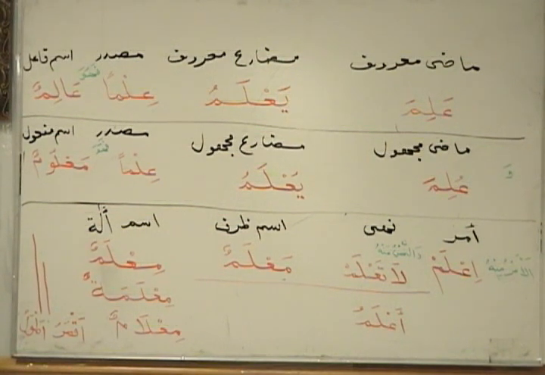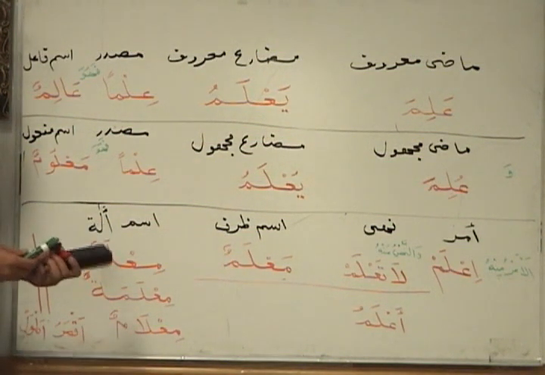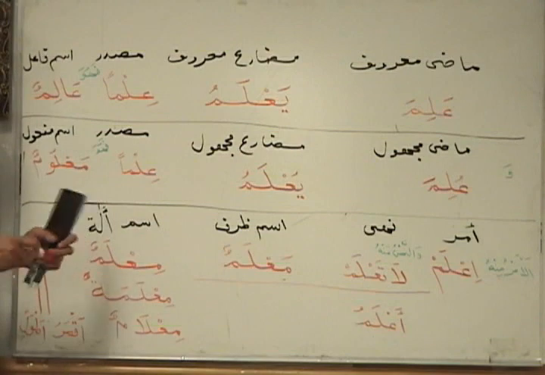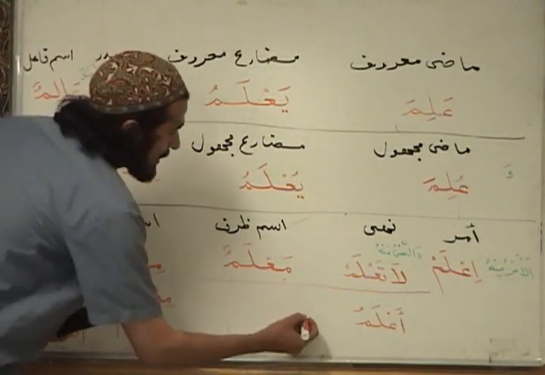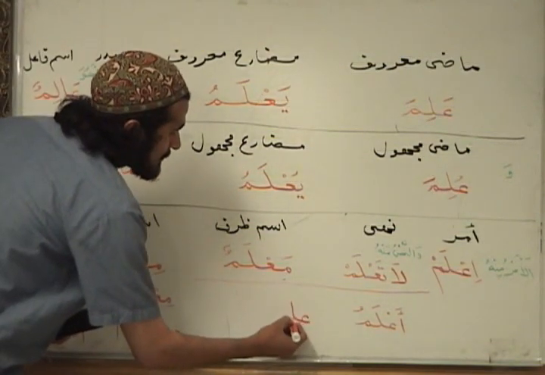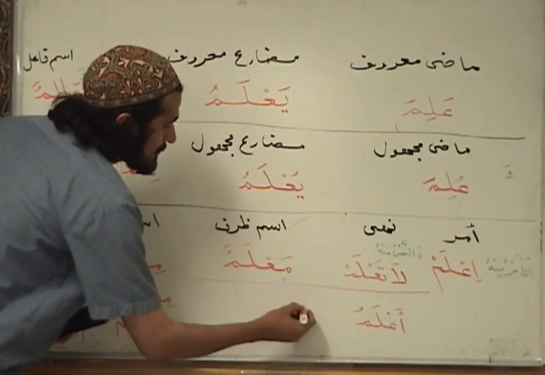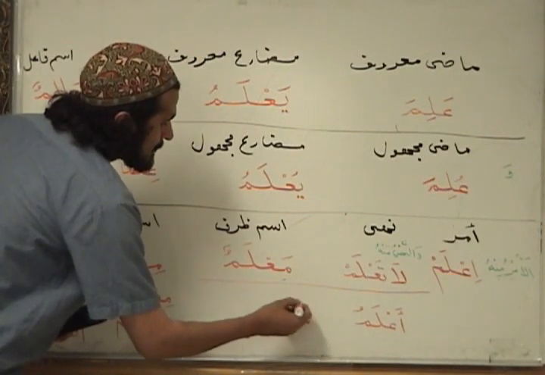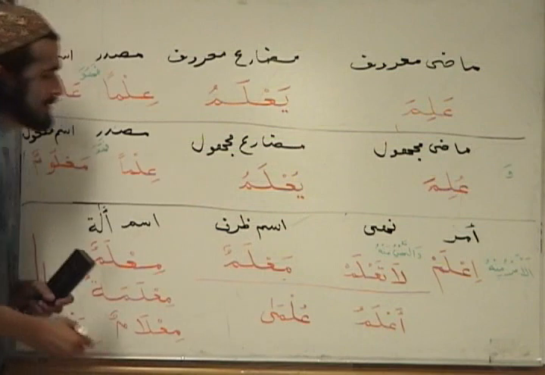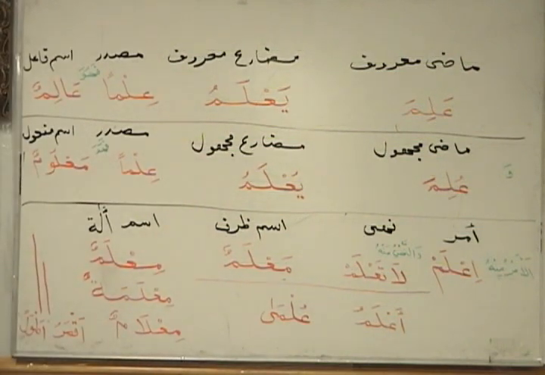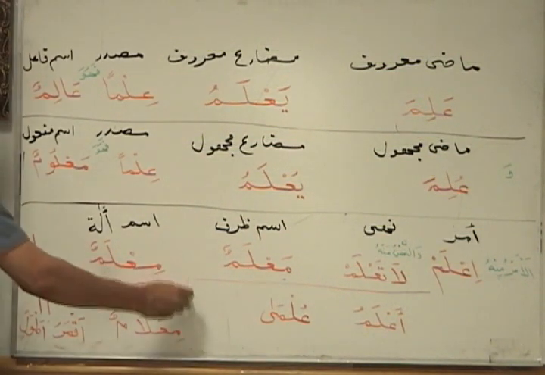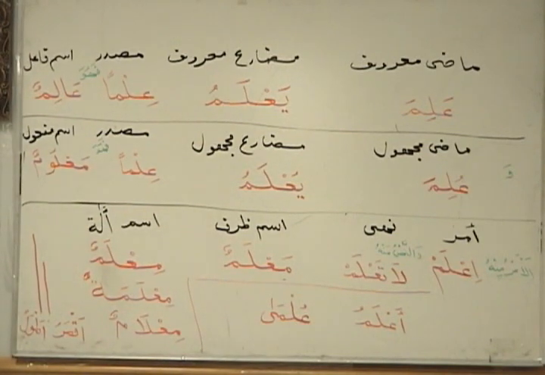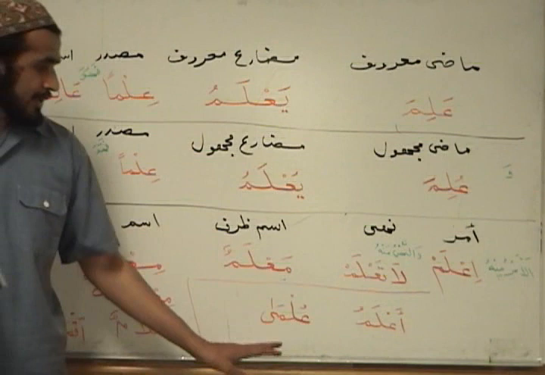So that's for masculine. For feminine, you use another one. علماء. This is for feminine. So it has both meanings, comparative or superlative.